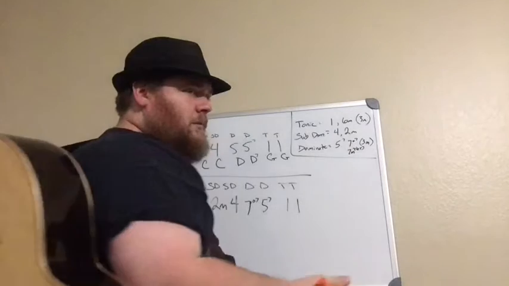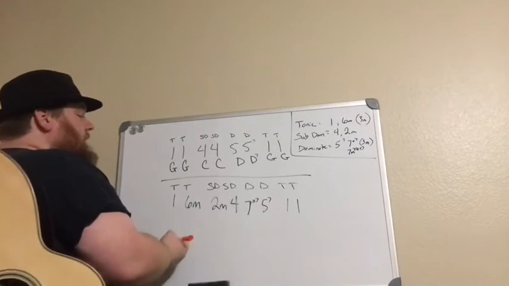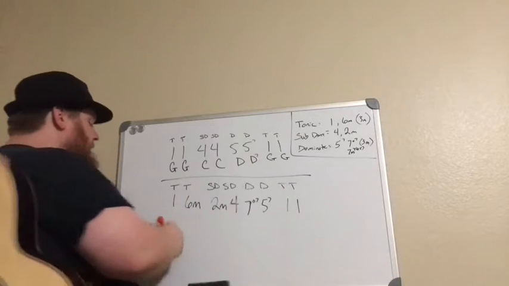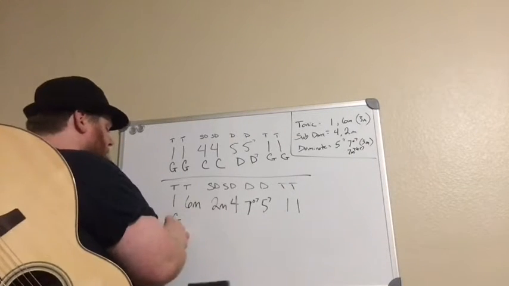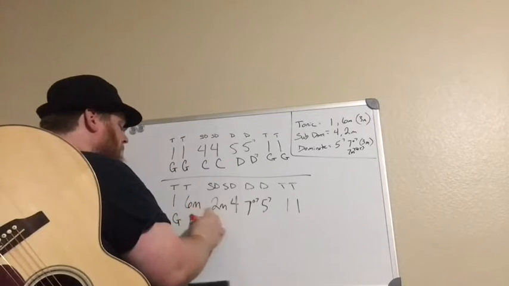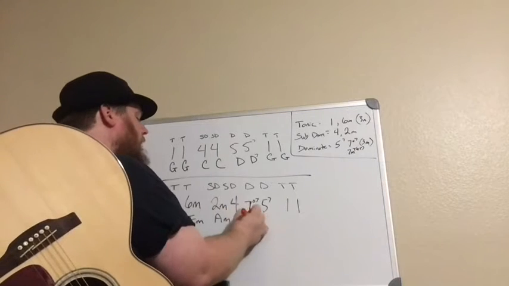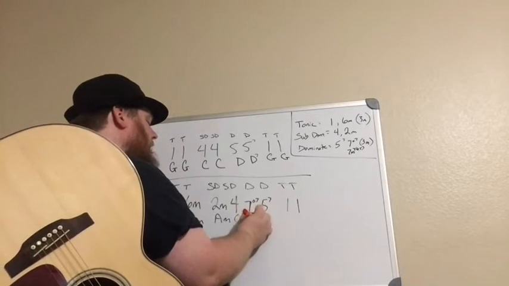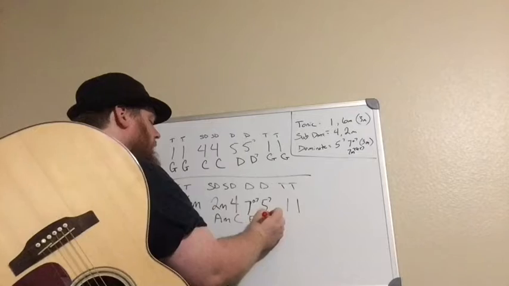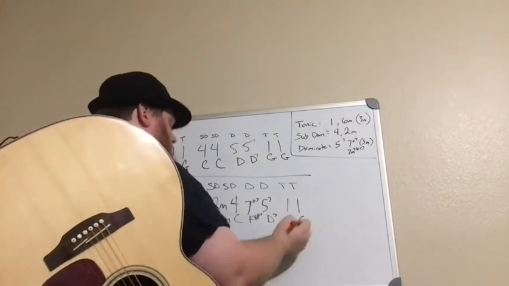We're going to keep that very simple and end it normal. So what we now have in the key of G is a G, an E minor, an A minor, a C, an F sharp diminished 7th, a D7, and 2 measures of G.